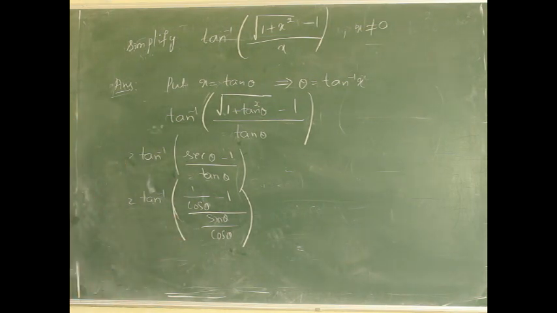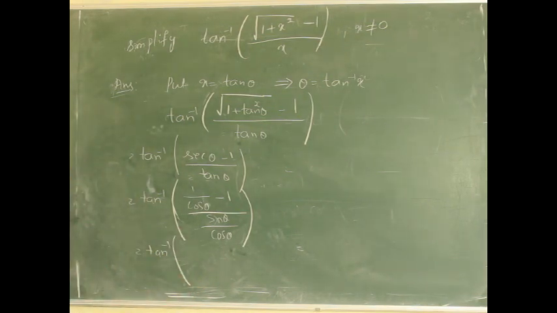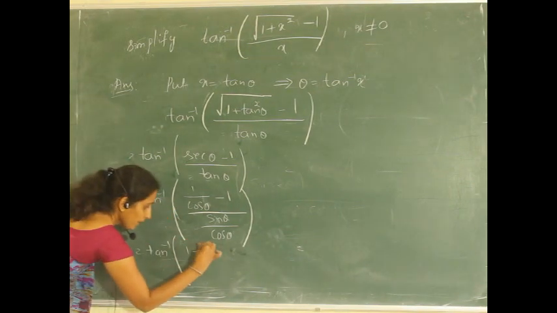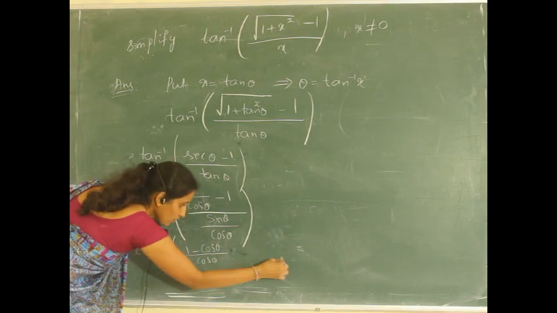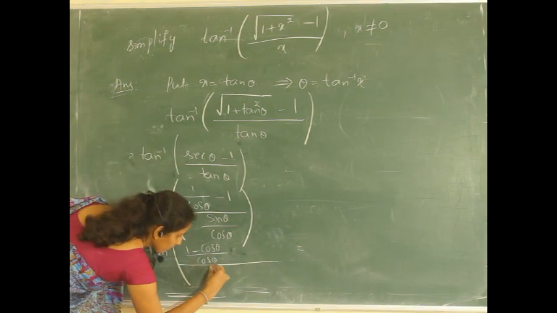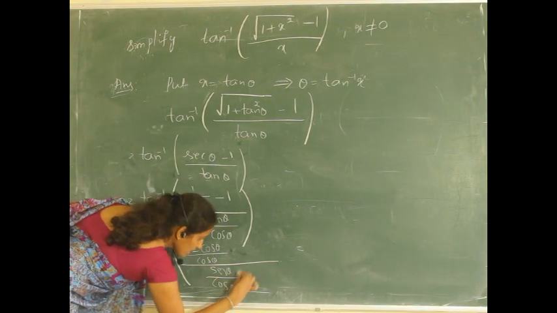I have written 1 by cos theta minus 1 divided by sin theta by cos theta. Then this is equal to tan inverse of, here cos theta will be the common denominator, (1 minus cos theta) divided by cos theta, whole divided by sin theta divided by cos theta.